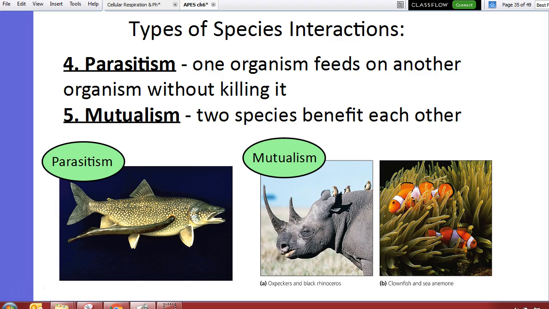And then mutualism, both of the species benefit. So here, parasitism, things like... they both end up benefiting.